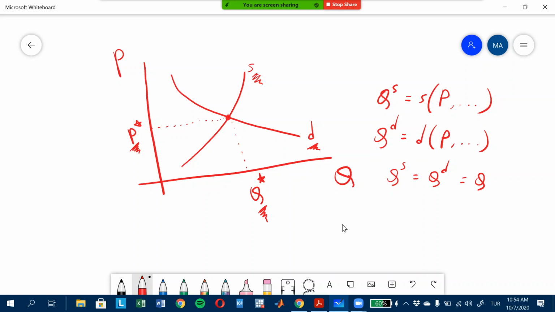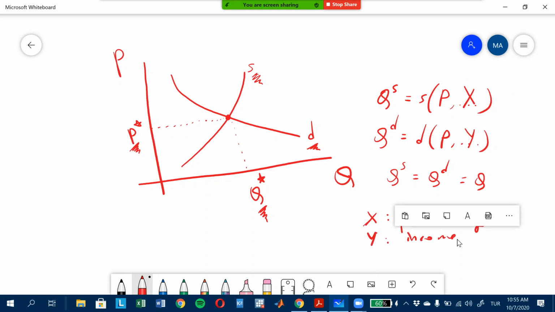So in that model, if I, for instance, say quantity supplied is a function of technology or productivity, and quantity demanded is a function of income, let's say, right? So X is productivity, and Y is income.